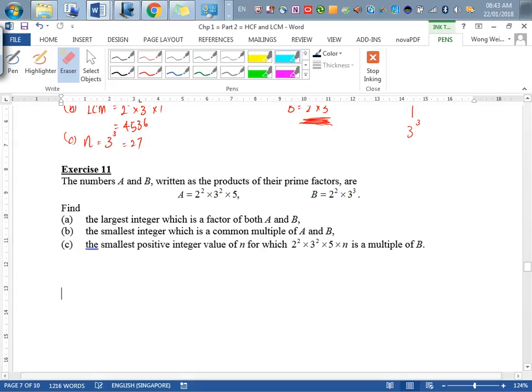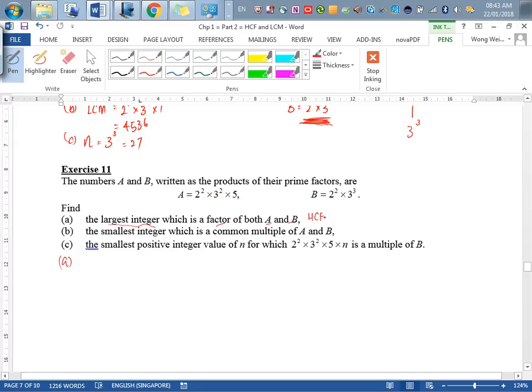Now, I'll go straight into the question. There are two numbers. They are written as product of their prime factors. Find the largest integer which is a factor of both a and b. What do you think the question wants? Largest integer which is a factor of both a and b. So they wanted the highest common factor.